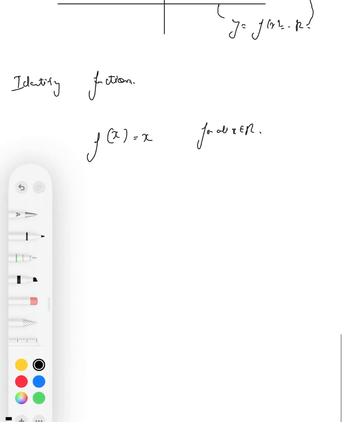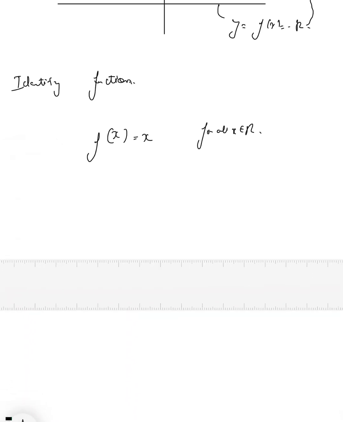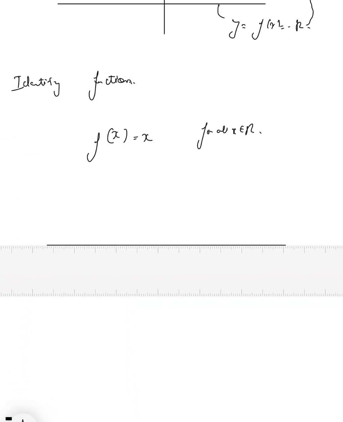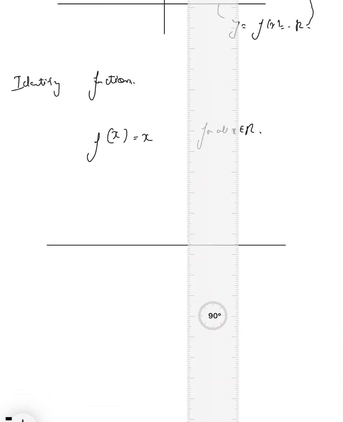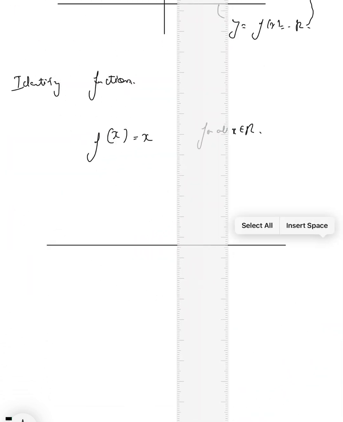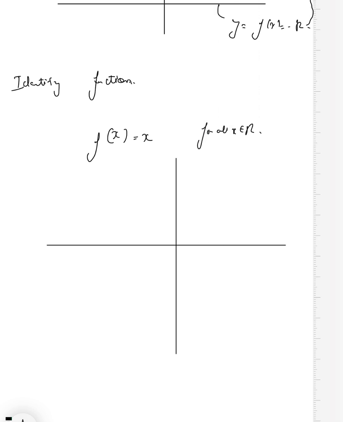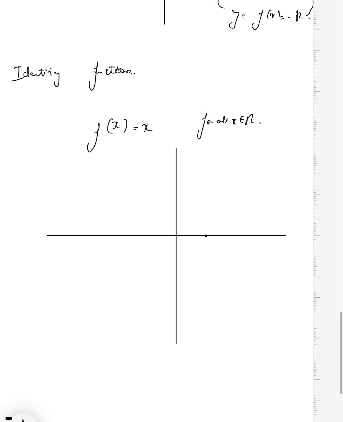For example, what I am saying is that if we have a Cartesian system, you know that here you have 1, 2, 3 and -1, -2, -3 on both axes. So if you put x here, we are going to get y. If you put f(1), we are going to get the same 1.